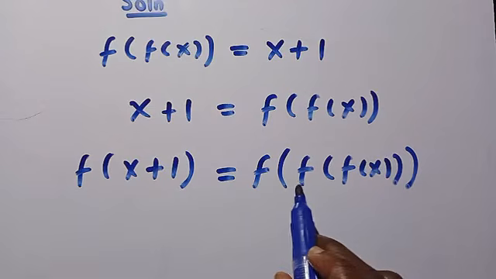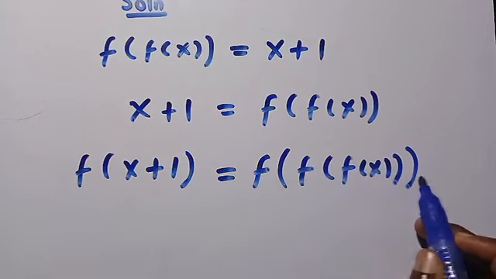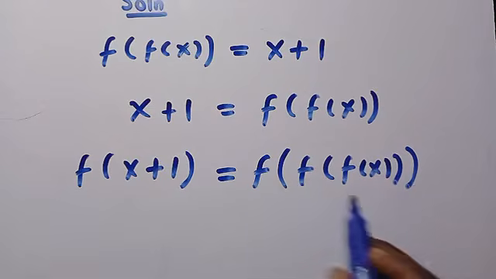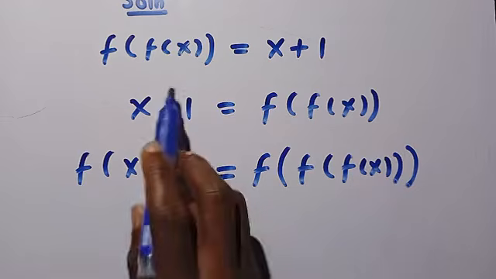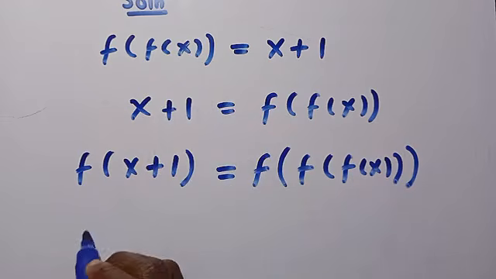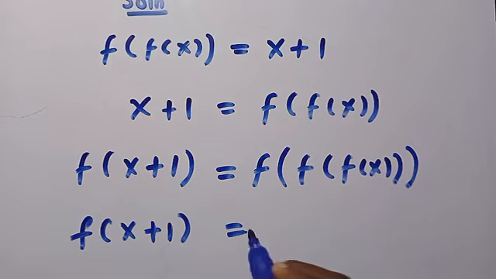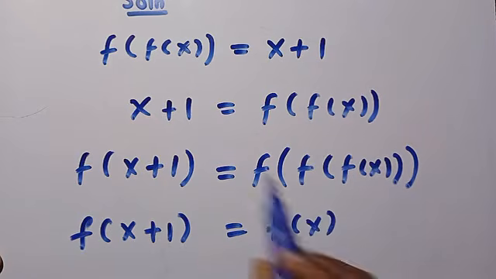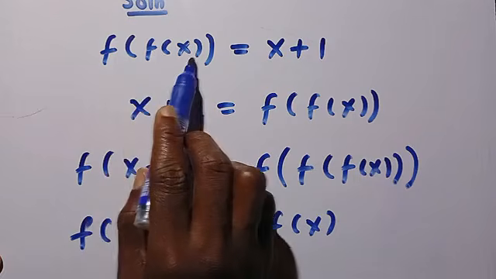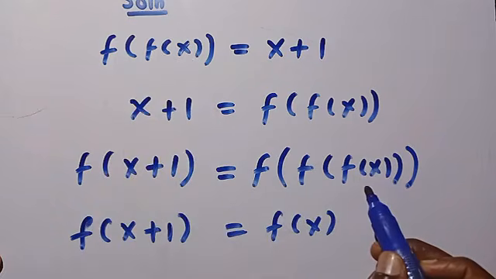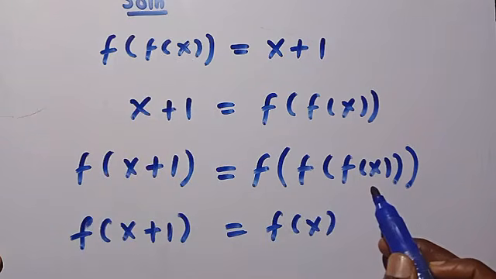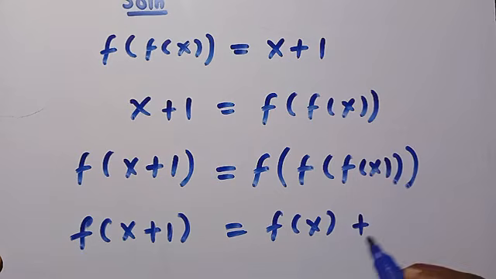But here f of f of x is the same thing as when we consider from the beginning. We have f of f of x equals x plus 1. This is now the same thing as f of x plus 1, because this is just like f of f of x before, and we have it already here. That is, everything here becomes f of x, then plus this 1.